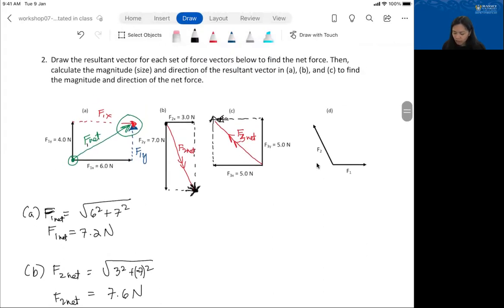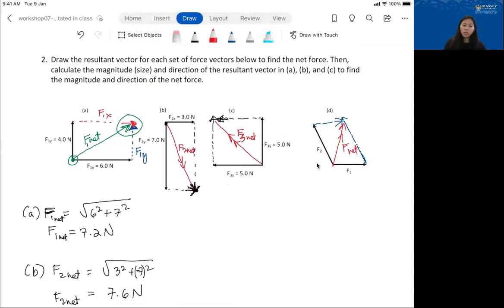For the last one, this is where the parallelogram method is now very useful. So you copy your forces, and the net force is where all the tails meet, going to where all the heads meet.